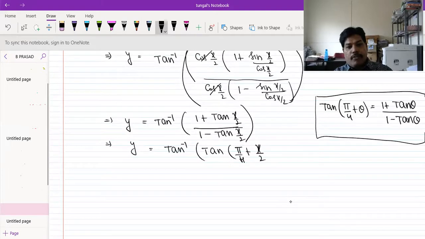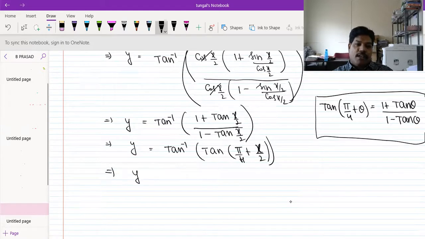Then the tan inverse and the tan will be cancelled, and you will get y is equal to pi by 4 plus x by 2.